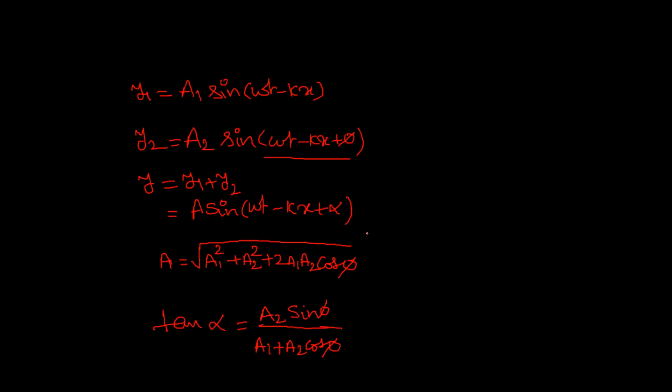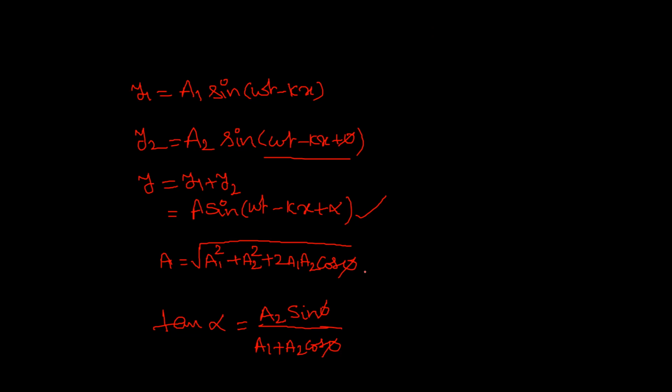That is what we can say from this equation. And now we have the value of A and alpha. A is given by square root of A1 square plus A2 square plus 2 A1 A2 cos phi, and tan alpha equal to A2 sin phi by A1 plus A2 cos phi.